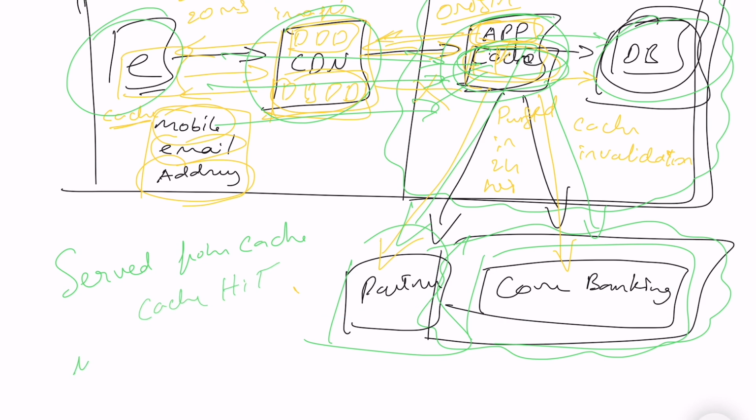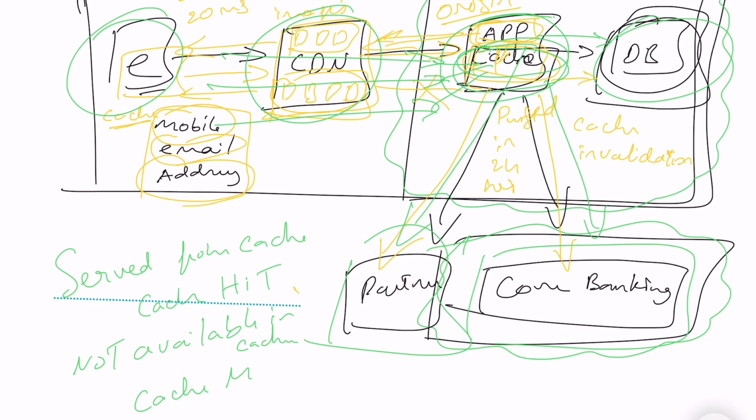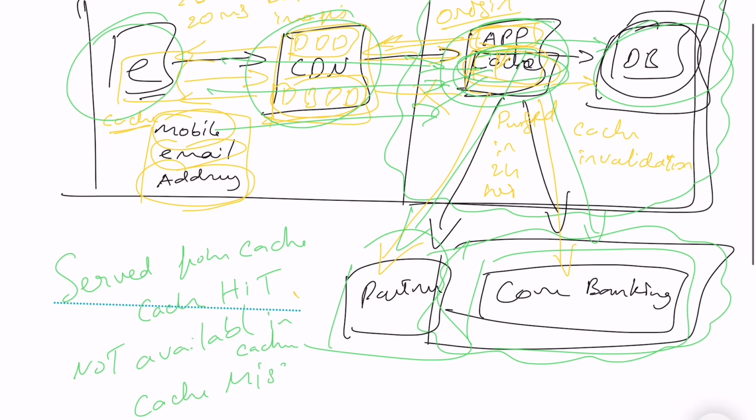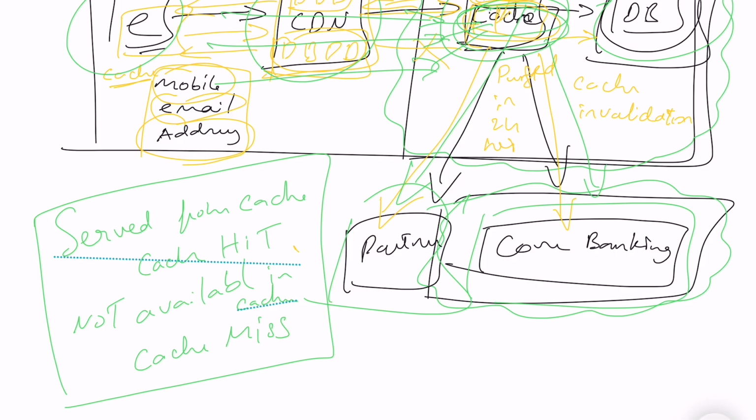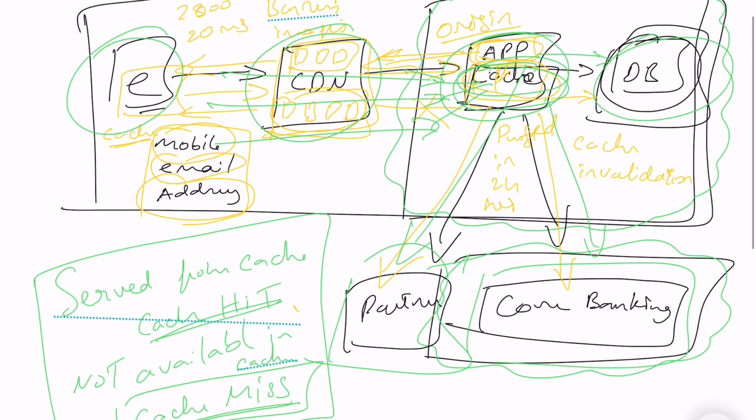If something is not available in cache, then it is called a cache miss. This is important for you to understand, and to look at the logs to see whether the data is coming from cache or not. It can be either a cache hit or a cache miss. If it's a cache hit, then it's serving from the cache. If it's a cache miss, then it is going to the backend system or the database to serve the data.